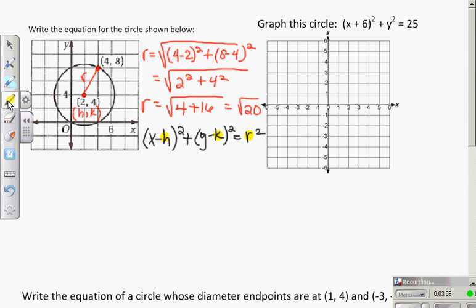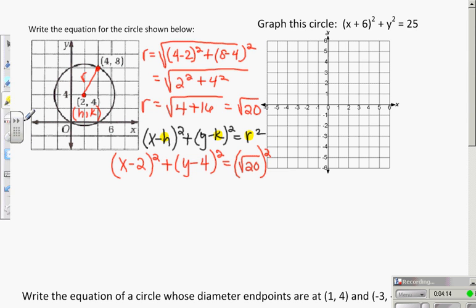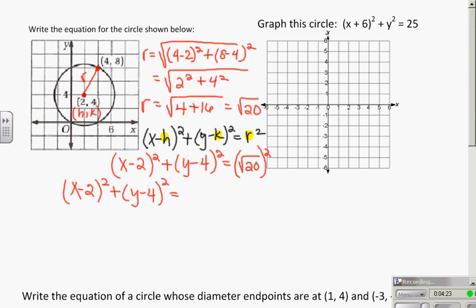So I'm going to have (x minus 2) squared plus (y minus 4) squared is equal to the square root of 20 squared. That's why I didn't change that square root of 20 to a decimal. Clean this up, nothing changes here. What's the square root of something squared? They cancel, and so my radius squared is 20.